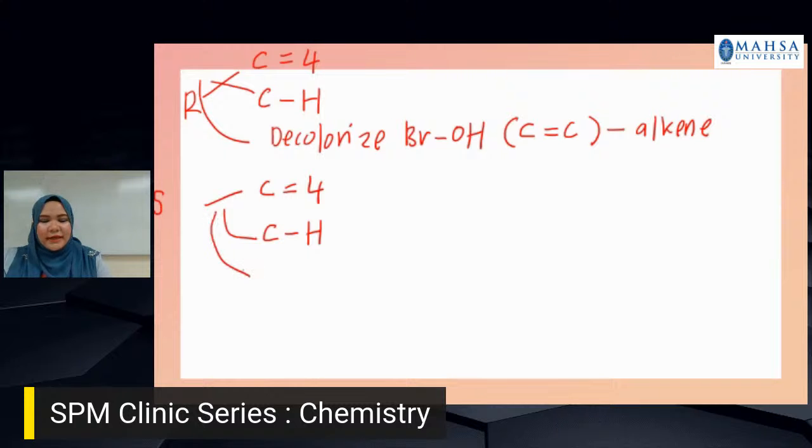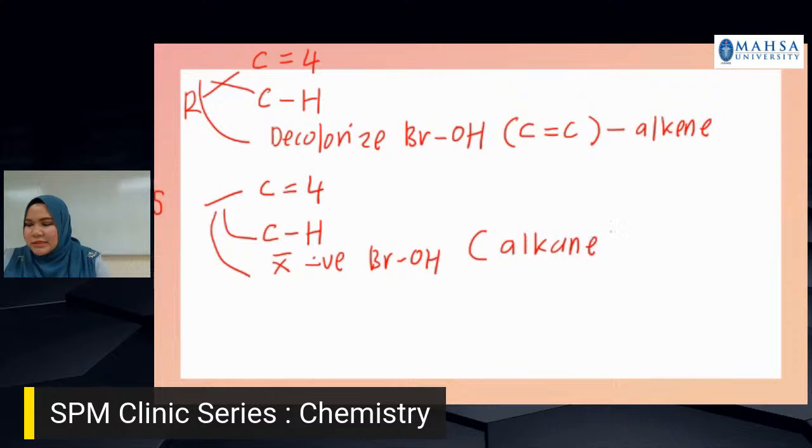The other information is that it doesn't give a positive result with bromine water, meaning a negative result for bromine water. This one is known as your alkane, because alkane doesn't react with bromine water, but alkane reacts with bromine gas in the presence of UV. Therefore, it will give a positive result when it reacts with bromine gas in the presence of UV.